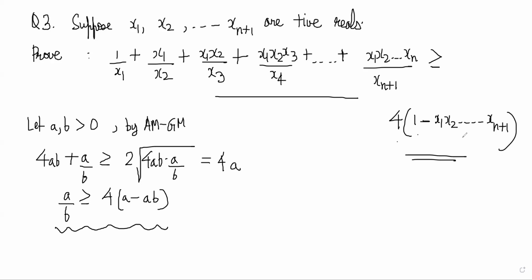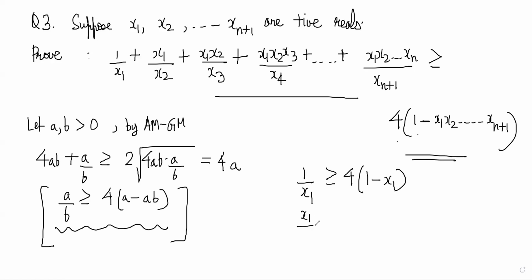So what we will say is we have this inequality that we want to use. So let's use it repeatedly. Let's say 1 by x1 will be greater than or equal to 4 times, here a is 1 and b is x1. So it will be 4 times (1 minus x1), right?